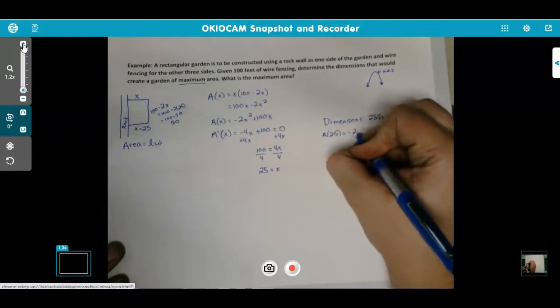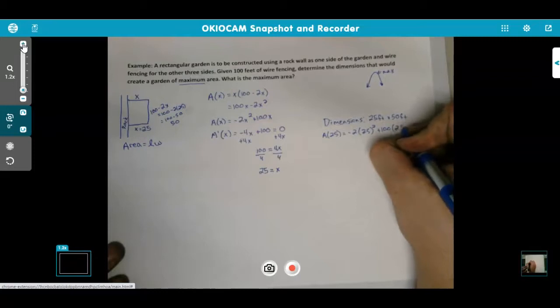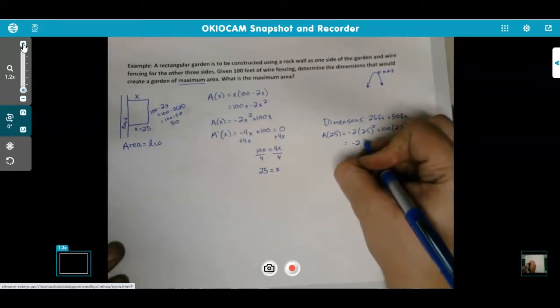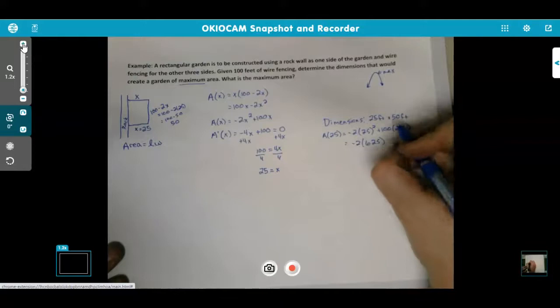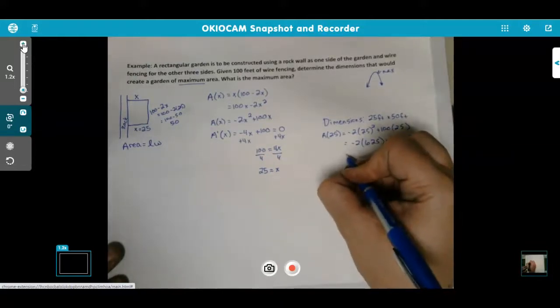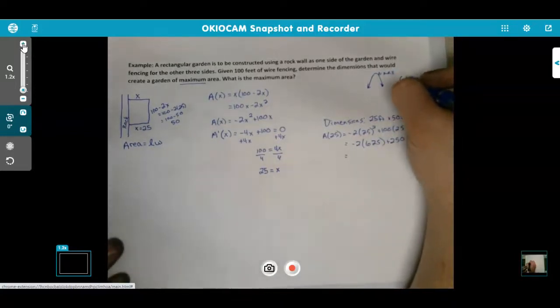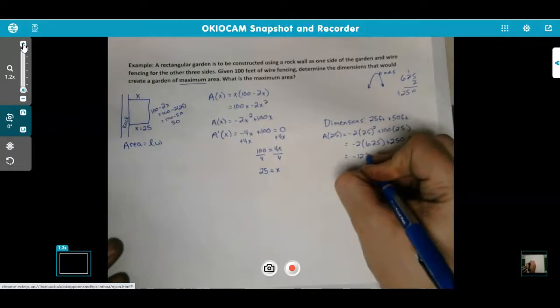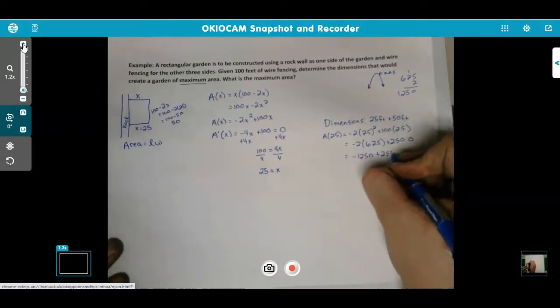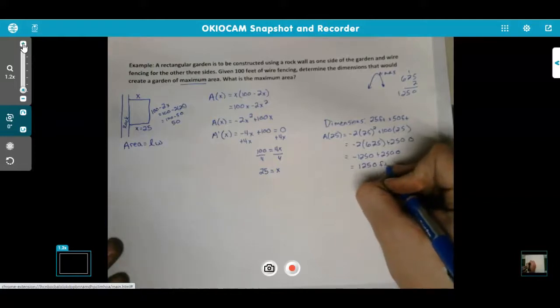That would be negative 2 times 25 squared plus 100 times 25. 25 squared is 625. 100 times 25 is 2500. 625 times negative 2 is, I was going to try to do that in my head, but that's not going to work. 625 times 2, carry the 1, 1250, so negative 1250 plus 2500 will give you 1250 square feet.